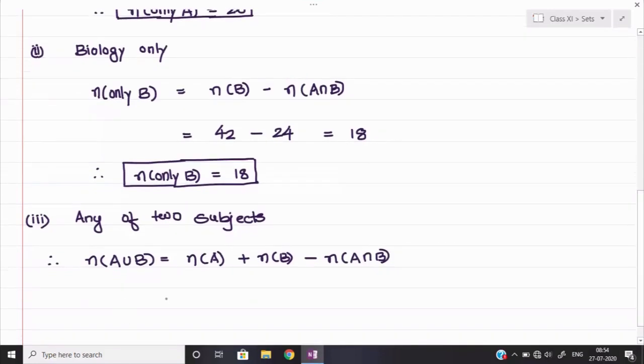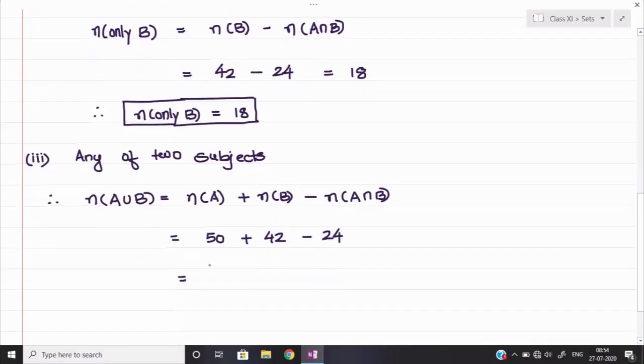So let us put up the values here, 50 plus 42 minus 24. 42 minus 24, we know it is 18, and 50 plus 18 will be 68. So the value of n of A union B is equal to 68. So this is our third and final answer.